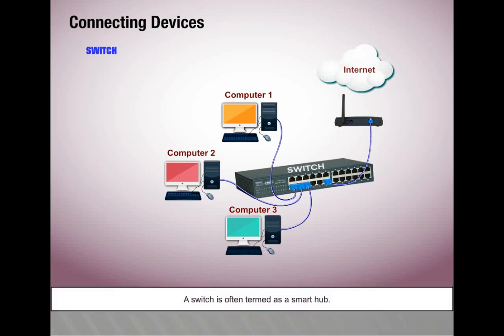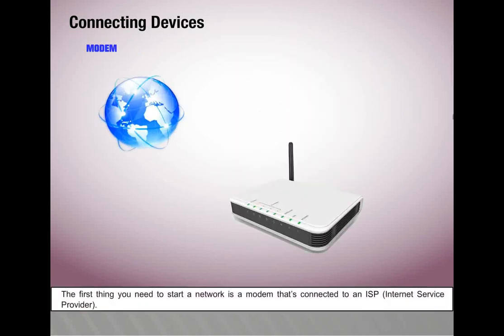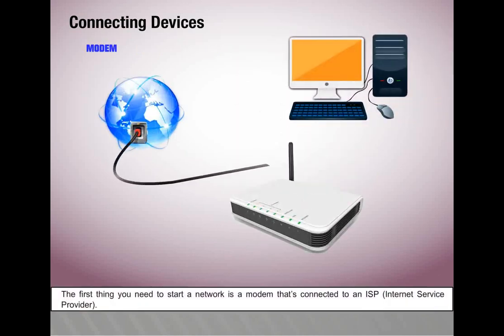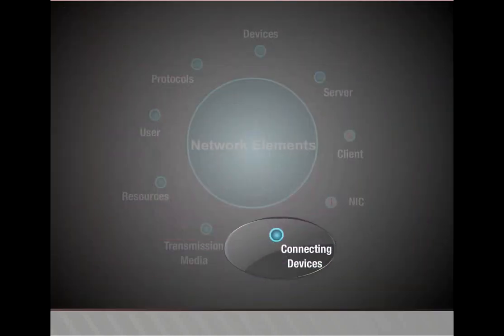A switch is often termed as a smart hub. Modem. The first thing you need to start a network is a modem that is connected to an ISP, that is Internet Service Provider. A central internet connection is the foundation of a network.